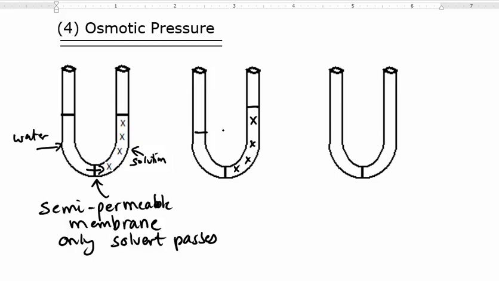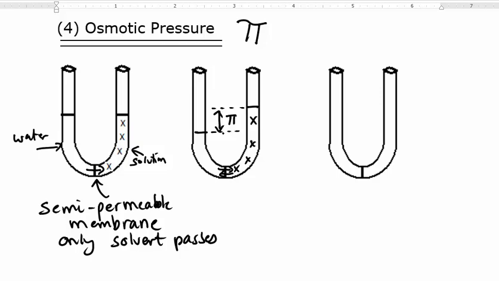Then we can look at the difference between the two heights, and that is our osmotic pressure, which we represent as a capital pi symbol. So that difference is the osmotic pressure. It will stop at a point where the collisions going each way are the same, and that will give you your pi.